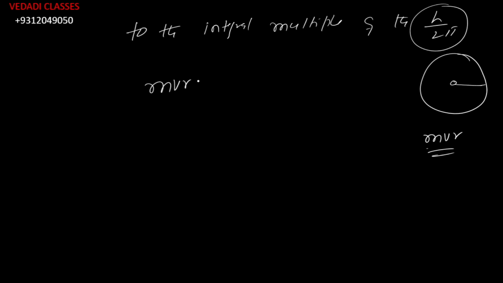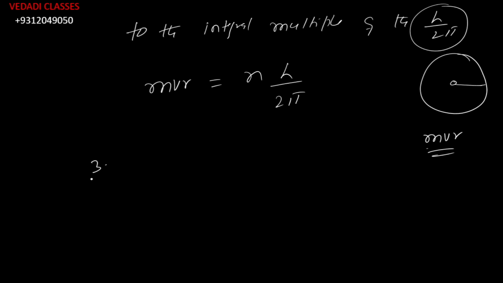So mvr will be equal to n h upon 2 pi. So only those electrons are allowed to revolve around the nucleus whose angular momentum is equal to an integral multiple of h upon 2 pi.